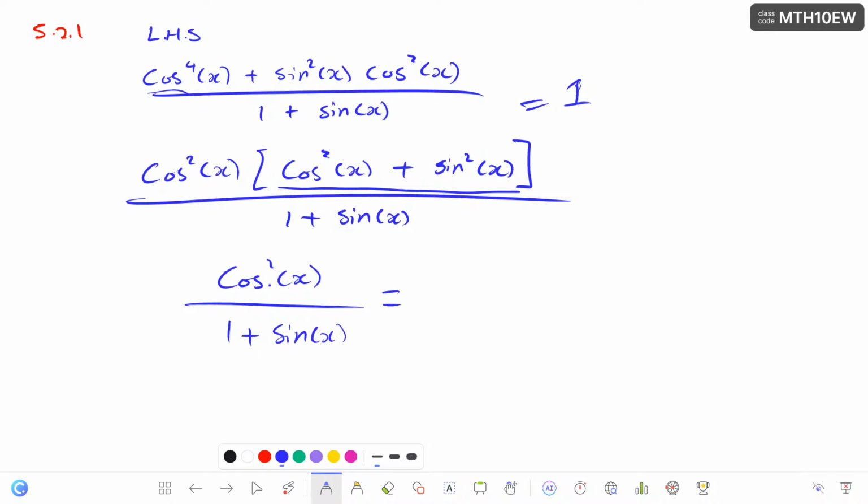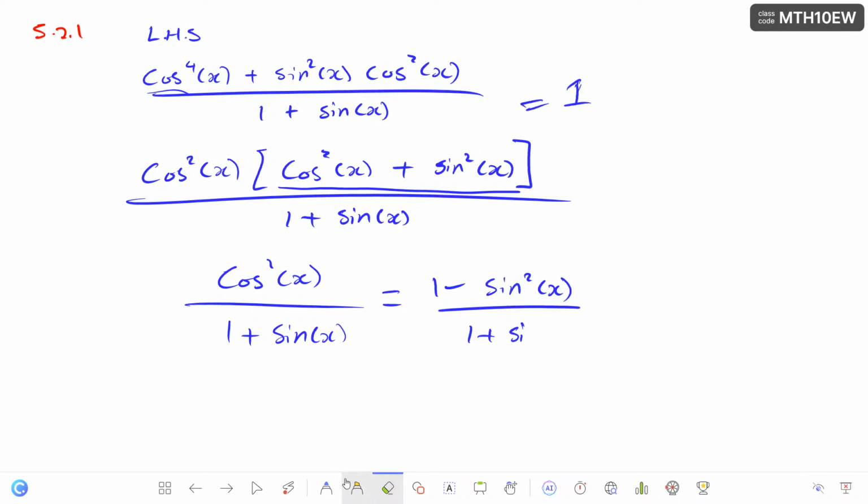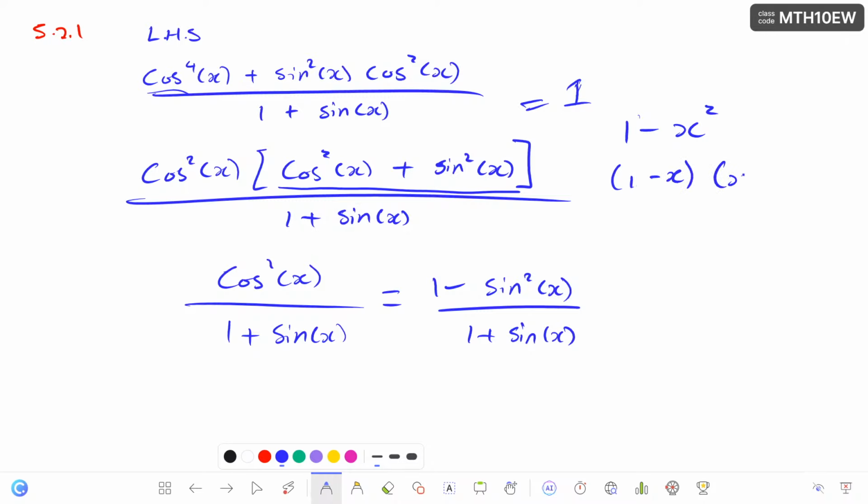And we can change this to 1 minus sine squared x divided by 1 plus sine x. So this one is a perfect square, the same thing as 1 minus x squared. So this one we can simplify to be 1 minus x and 1 plus x.